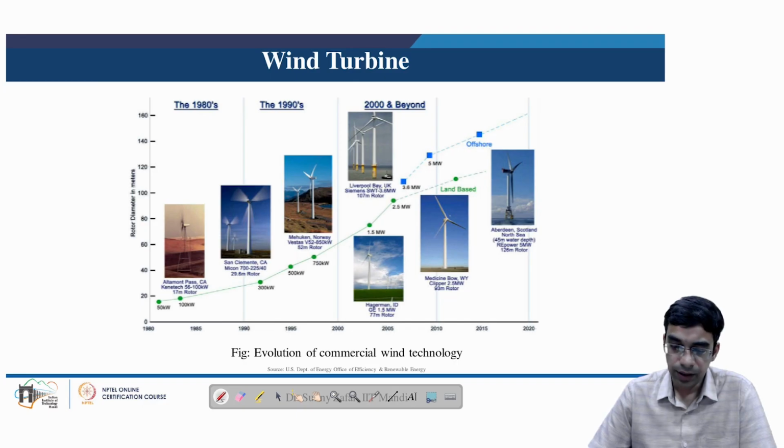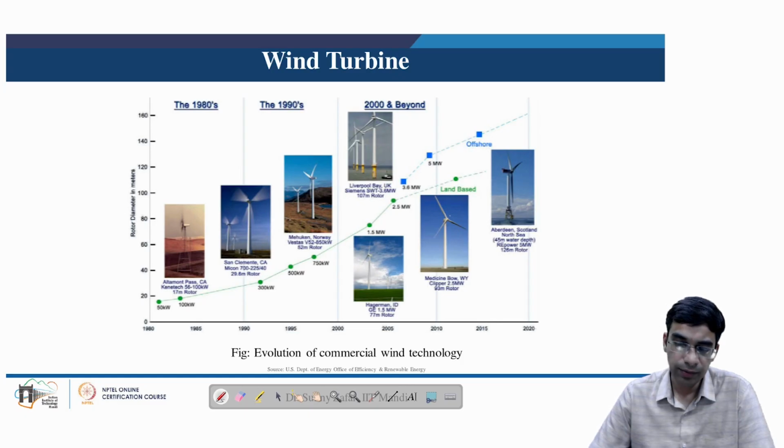But as progress in materials and manufacturing processes has taken place, the size of the wind turbine has increased drastically, and presently the diameter of the rotor may be of the order of more than 100 to 120 meters in the case of land-based wind turbines, and it may go as high as 160 meters for offshore wind turbines.